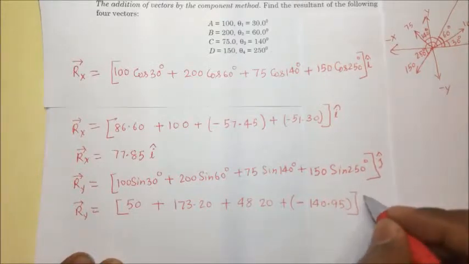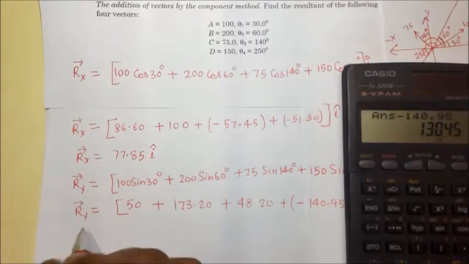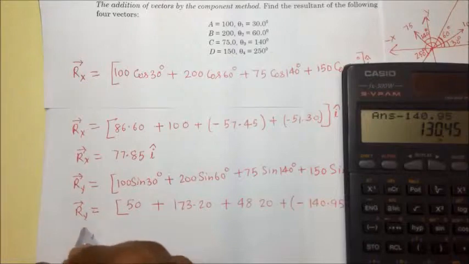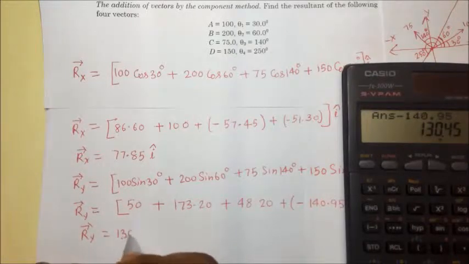This is along y-axis, so j cap. So Ry is 130.45 j cap.